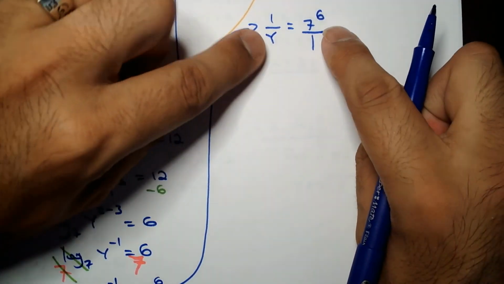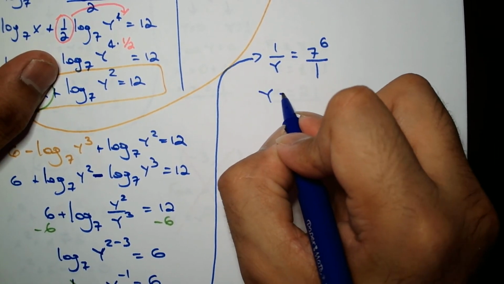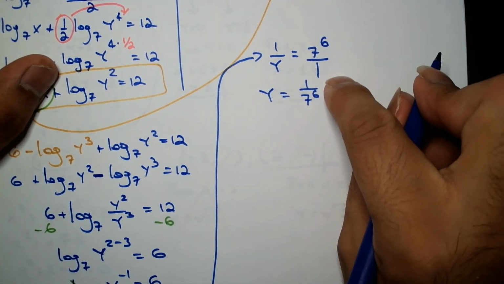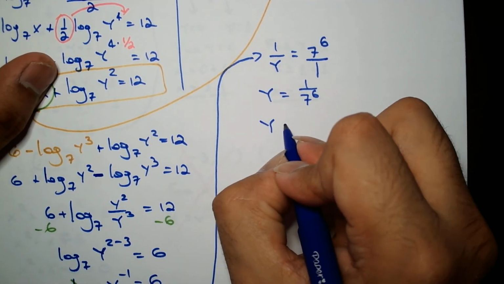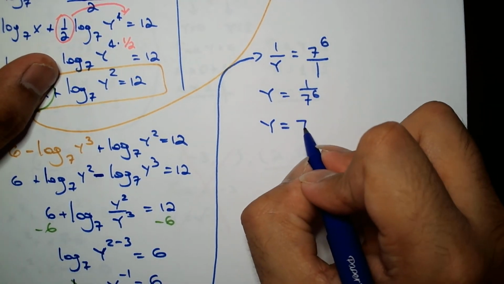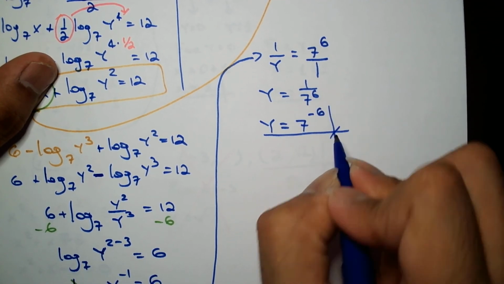And then we can just find the reciprocal of this equation to solve for y, and y equals 1 over 7 to the 6th power. But what is 1 over 7 to the 6th power? That's y equal to 7 to the negative 6. I know, crazy number, isn't it?